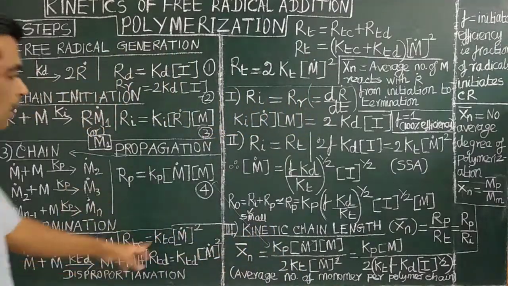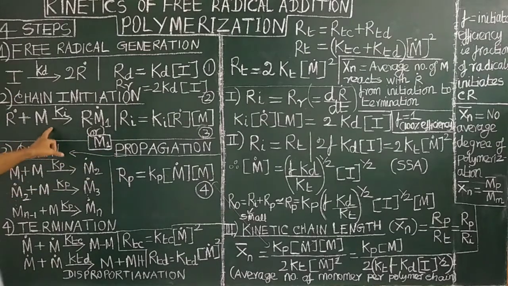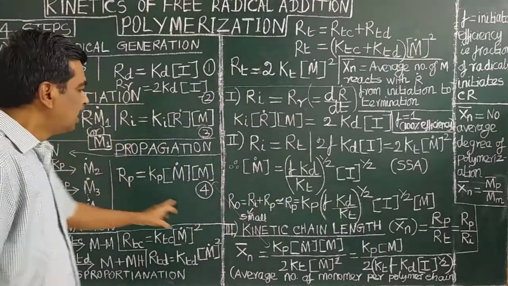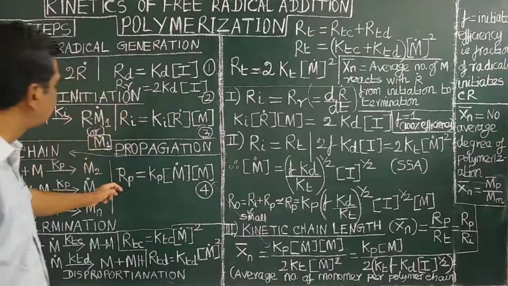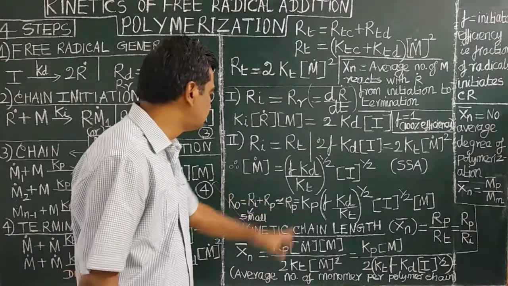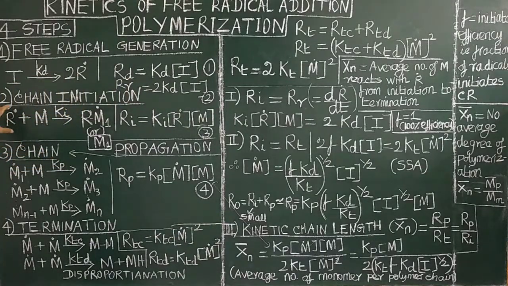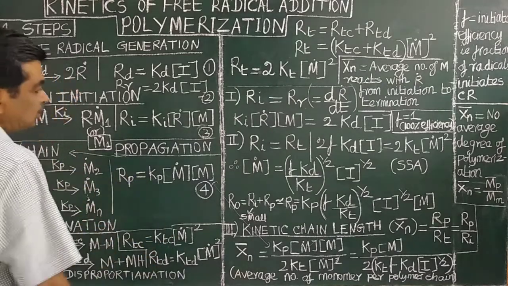The overall rate of the reaction is the sum of the rate of initiation and the rate of propagation. But for one initiation step, n may be 1 lakh or 2 lakh propagation steps.